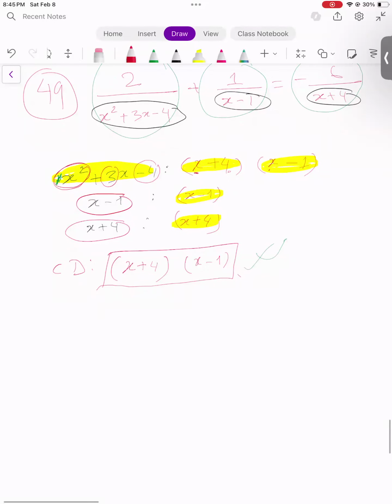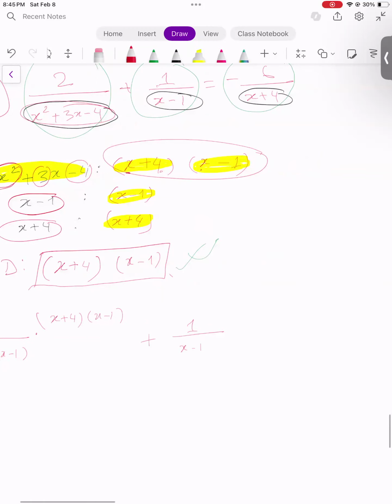And that is 2 over, so let me rewrite x squared plus 3x minus 4 in this factor form. Okay, x plus 4 times x minus 1. We are multiplying this by the common denominator, x plus 4 times x minus 1. Now the second is plus 1 over x minus 1.